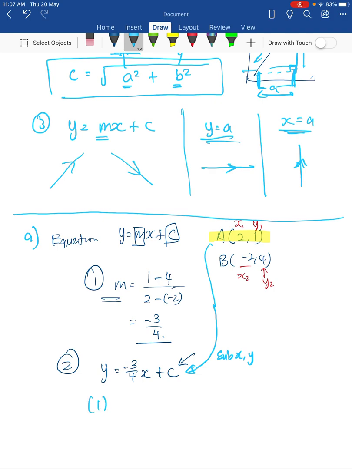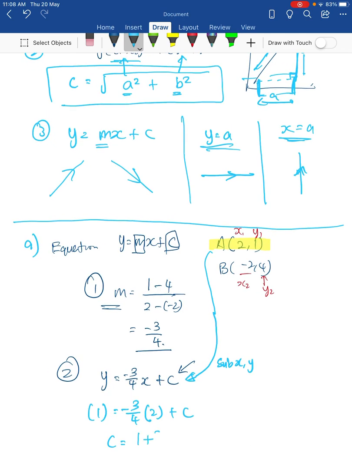The y is 1, the x is 2. Therefore we can find c. After manipulation, c equals 3 over 2 plus 1, that is 1.5 plus 1, which is 2.5. It's positive 2.5. Yes, there was some error over here. So hence the equation of the line will be y equals minus 3 over 4 x plus 2.5. Answer.